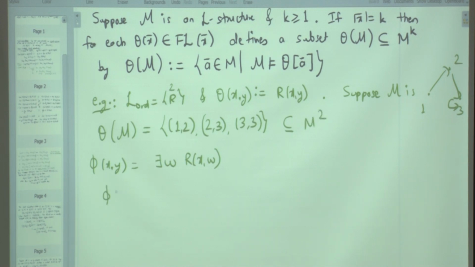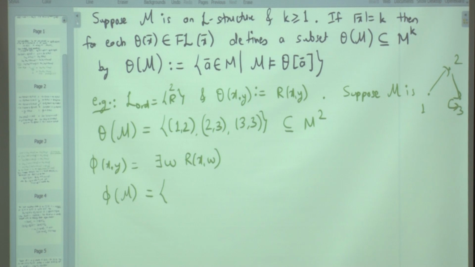Now can you tell me which pair I am supposed to talk about here? Phi M is equal to what? Which values of x are valid here? 1 to 3. All of them?